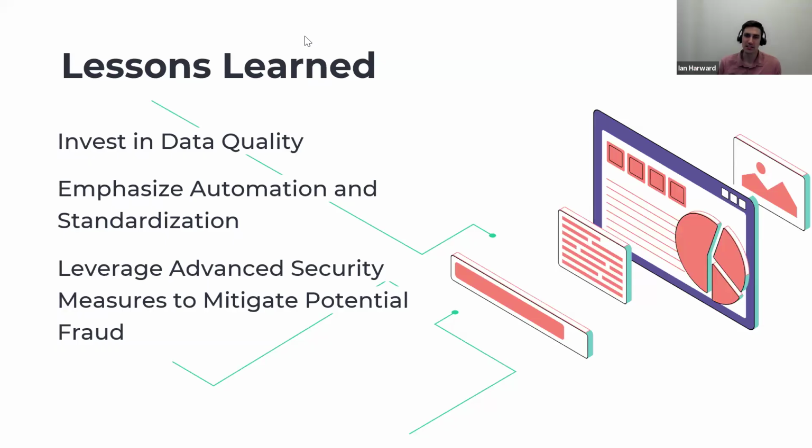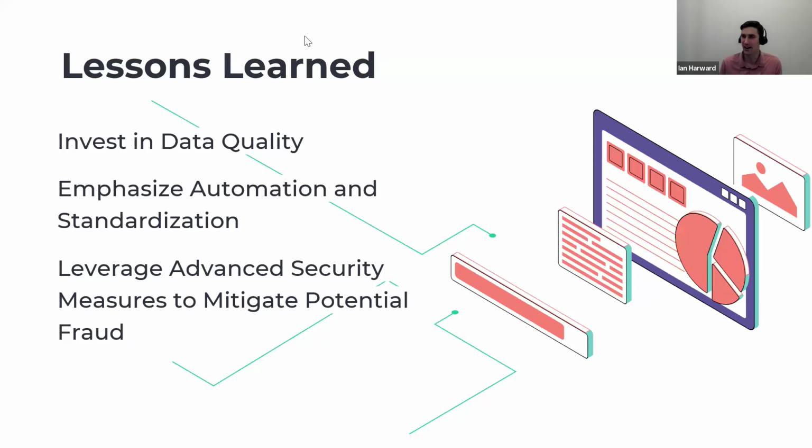Yeah, invest in data quality. I think that's good, but I wish it would have been invest earlier in the data quality, right? As procurement professionals, we're used to operating pretty lean. We just kind of take it on and make do with what we have.